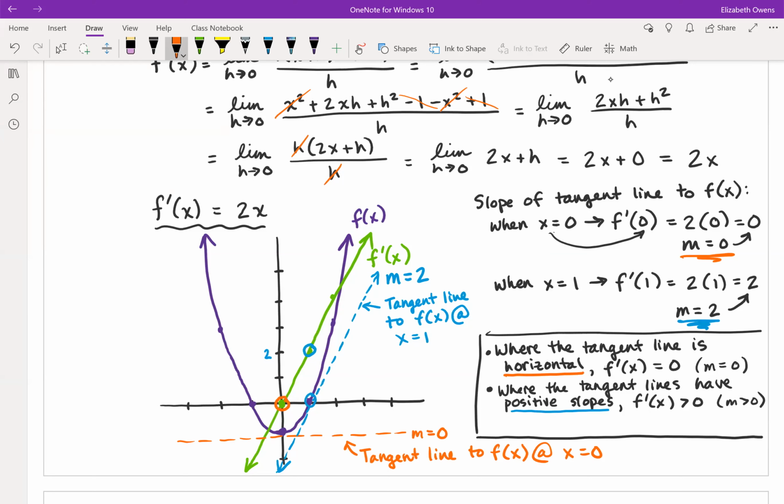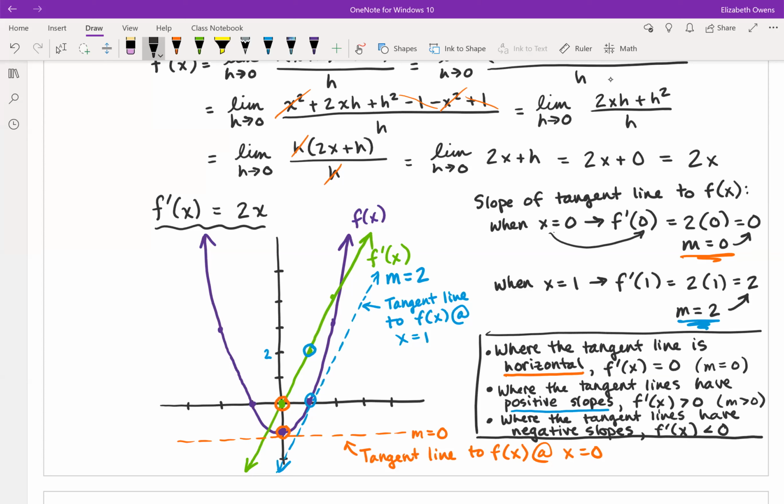And then in the opposite case, I'll see if I can squeeze this in here, where the tangent lines have negative slopes, f prime of x is going to be less than 0. We don't have an example drawn in right now, but let's look at that.